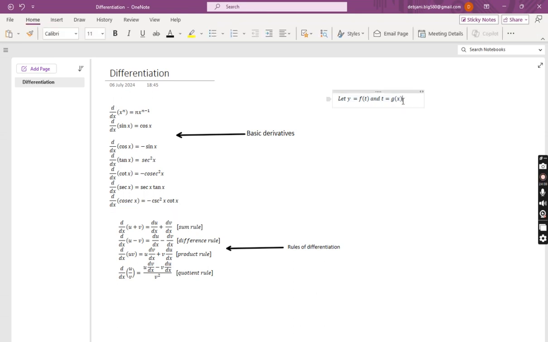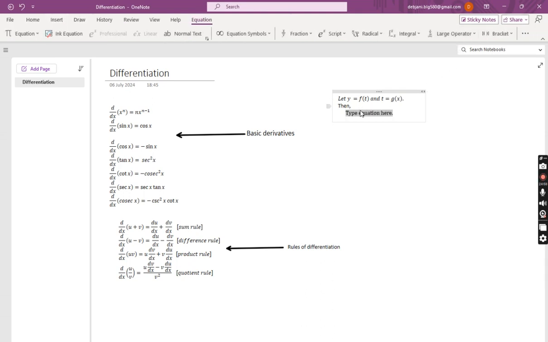These are some functions. Then dy by dx.